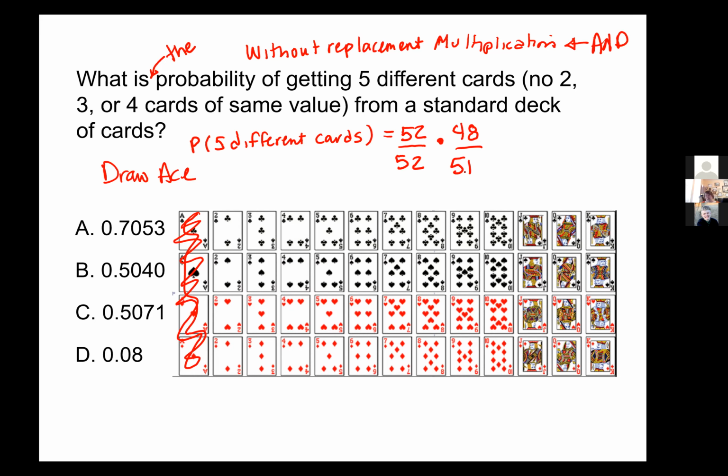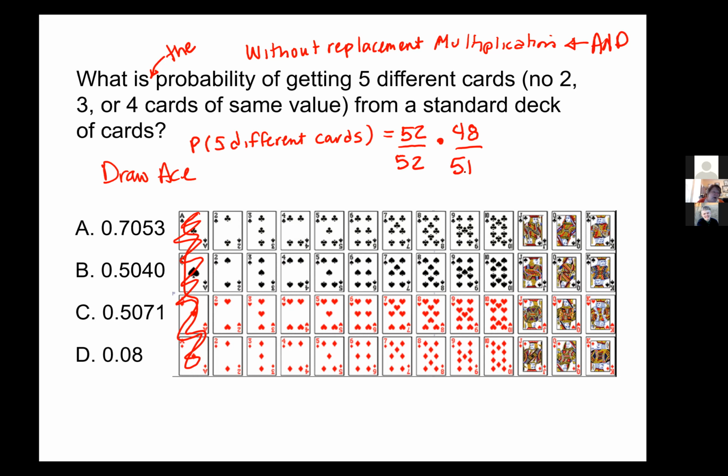So the aces are gone. How many cards do you have left in the deck that are different than an ace? Well, there are 48 of them. But I drew one card out. So there are 51 cards still in the deck. So there are 48 different ways I can get something other than an ace out of 51 cards.